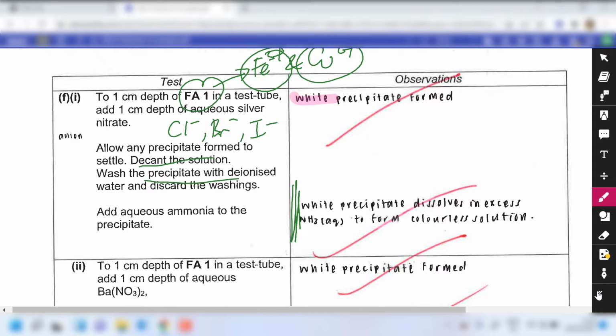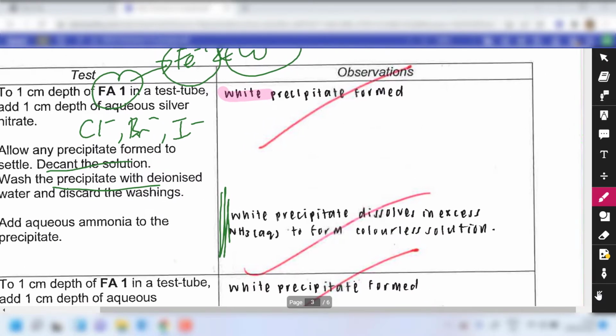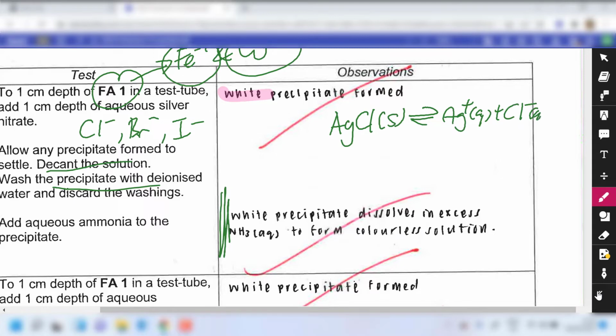So in this case, why is it that when I'm adding aqueous ammonia, my halide will dissolve? In this case, my silver chloride will dissolve. Well, you do know that silver chloride is able to maintain a small amount of Ag plus and a small amount of chloride by virtue of its Ksp. But at the same time, we are also aware that aqueous ammonia will form a complex with silver.